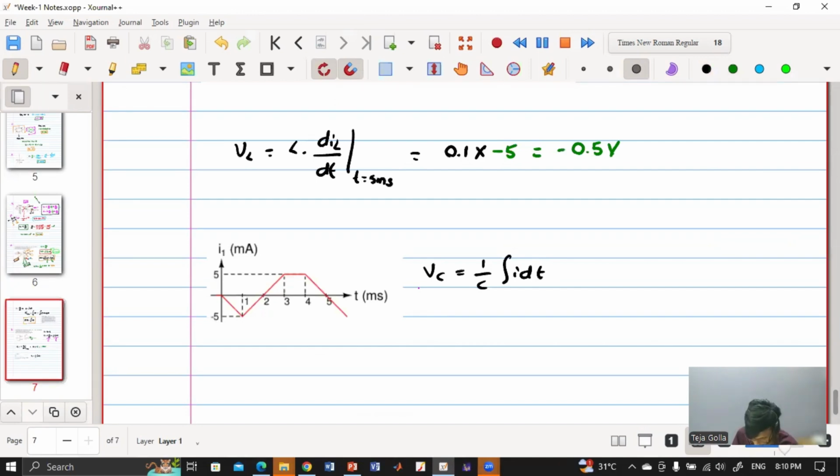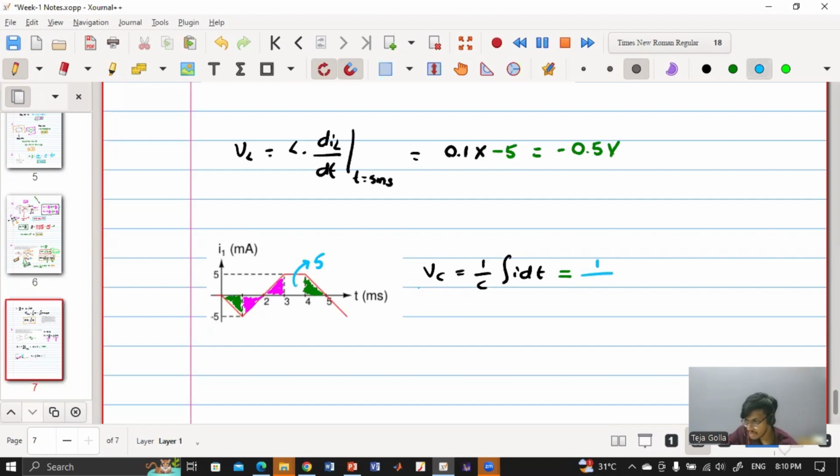This area and this area have the same magnitude but opposite sign. Agree? Similarly, this area and this area have the same magnitude and opposite sign. So now what is the area under the curve? It is 5, right? Agree?